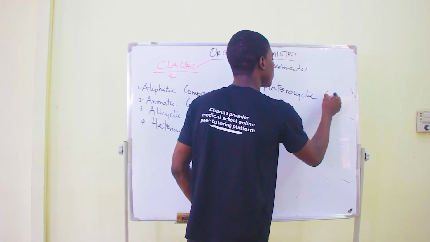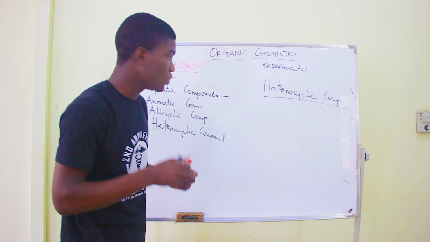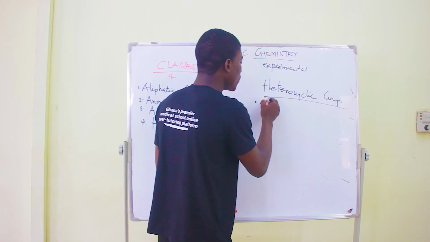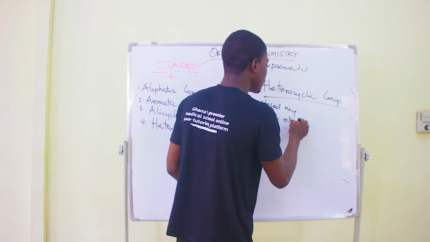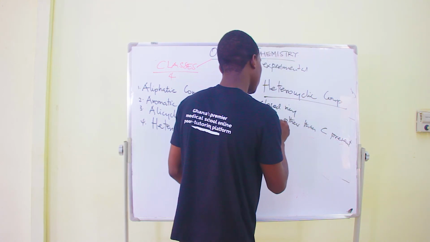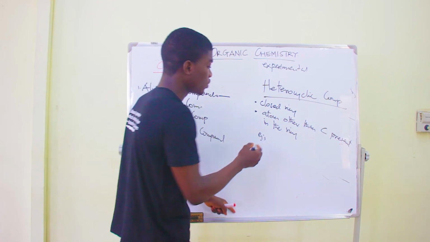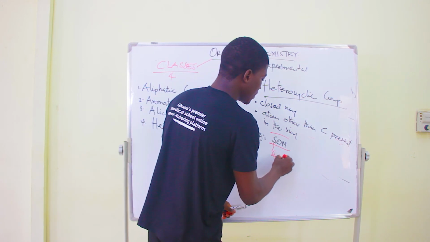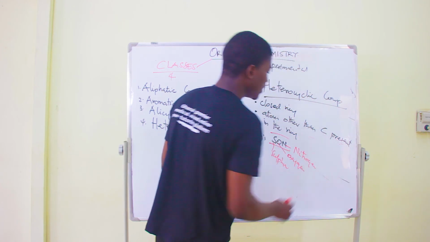Heterocyclic compounds are arranged in a closed ring, just that there is an atom other than carbon in the closed ring. Mostly the atoms present in the ring are known as SON: S for sulfur, O for oxygen, and N for the nitrogen atom. They are easily present within the closed ring.